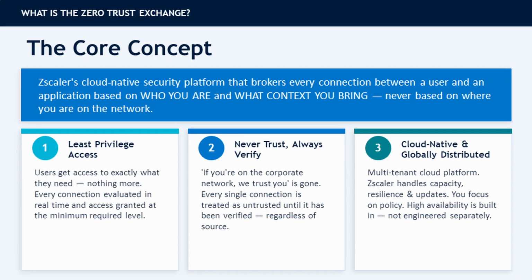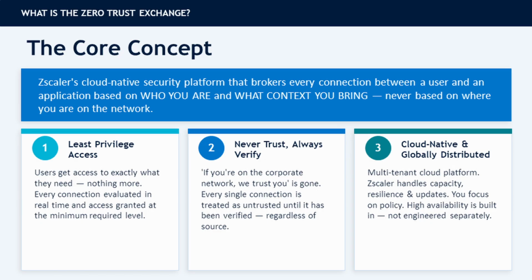Core principles. 3 foundational principles, and the exam will test all 3. Principle 1. Identity and context-based trust. Trust is never, ever based on network location. Every connection is evaluated against who the user is, from your IDP via SAML or SCIM, what device they're on, from Client Connector pulling OS version, EDR status, device posture, where they're connecting from, and how sensitive the requested resource is.